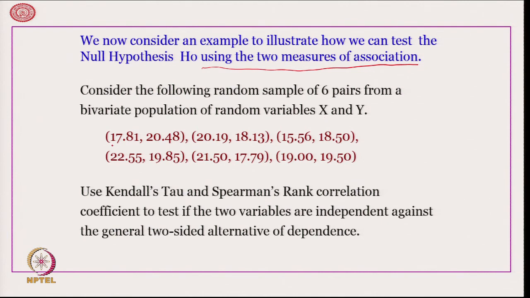So, the values are: x is 17.81 and y is 20.48. The second sample is x is 20.19 and y is 18.13, like that. This is the sixth sample, x is 19 and y is 19.50. So, the task is to use Kendall's tau and Spearman's rank correlation to test if the two variables are independent, and the alternative is that these two are not independent.